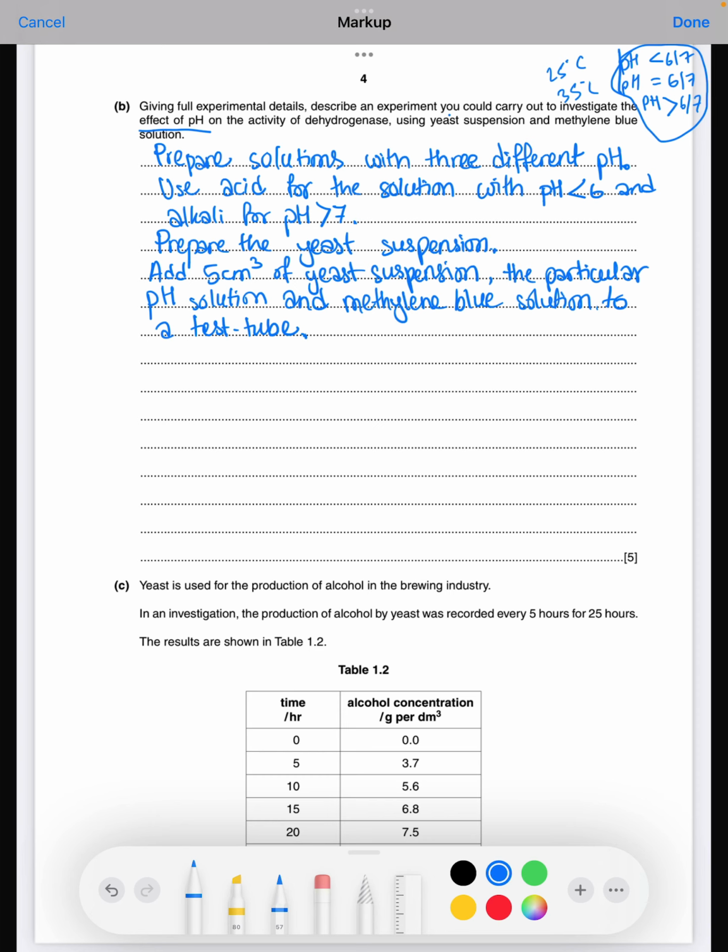So I think we have to mention that, so we will have 3 different test tubes containing the 3 pH solutions. Oh man, I forgot the buffer again. And buffer.